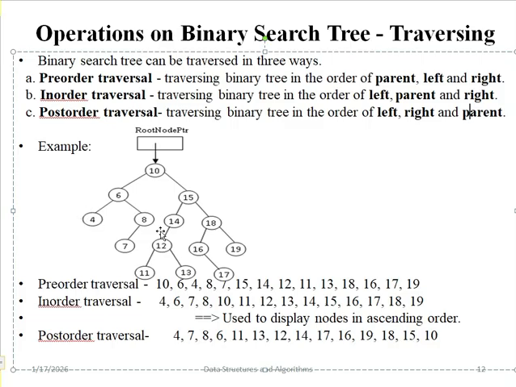We can display 4. We take the 4, which is the left, so we should display. Then after displaying 4, we should take the right wing, because the parent 6 should be displayed after the right wing is displayed.